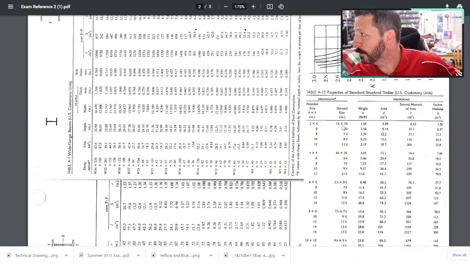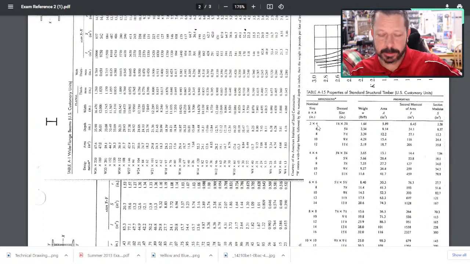This is table A15, properties of standard structural timber. So we talk about 2x4s and 2x6s and that kind of thing, but they actually have a dressed size or finished size that is not 2 inches by 4 inches. I know there's some Webwork problems like this, but I don't think there's any exam problems.